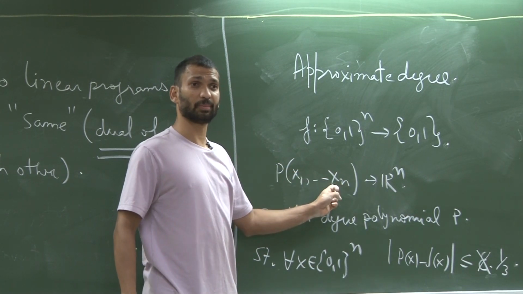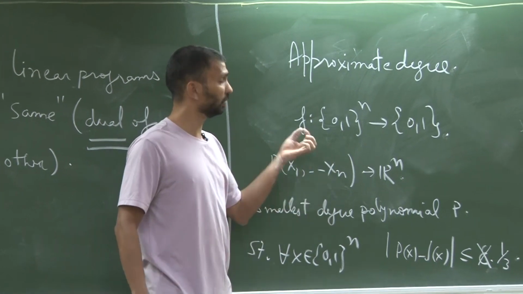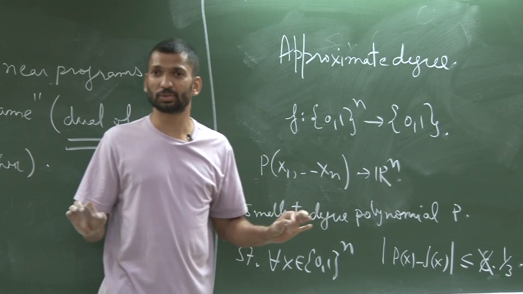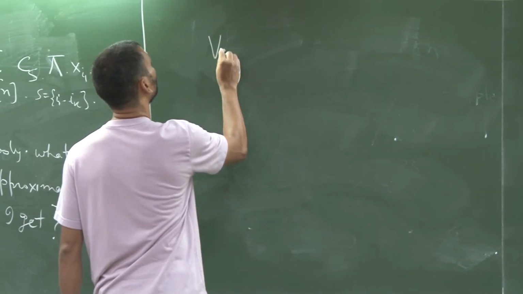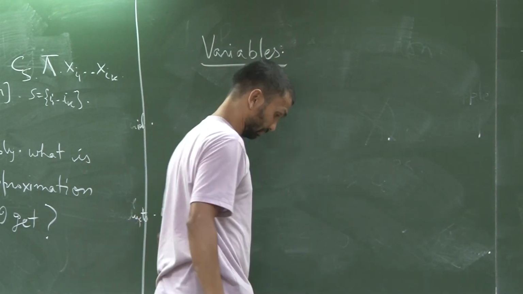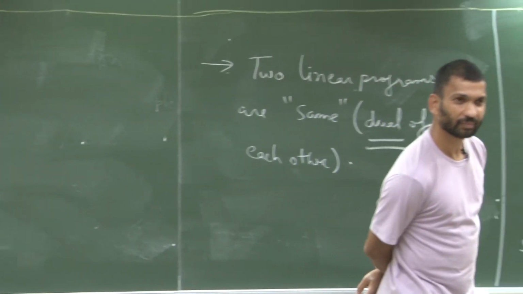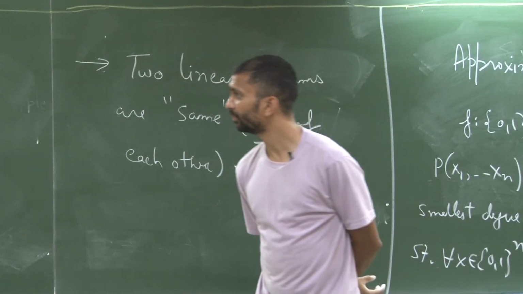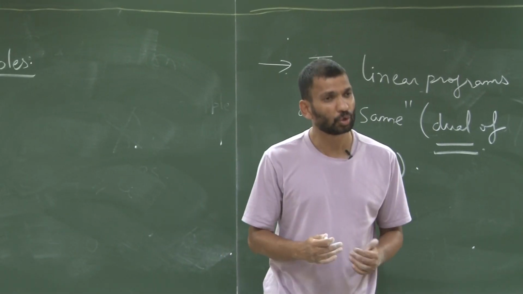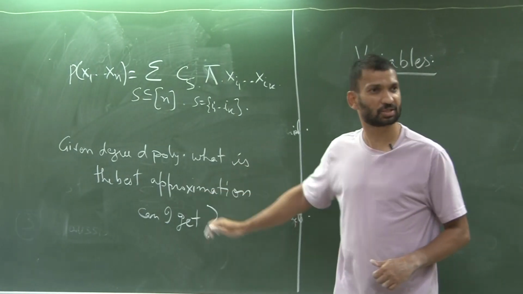That means the coefficients are coming from real numbers, right? But we only need that it works fine on these Boolean inputs. So I want to create a linear program whose answer will give me what is the best possible approximation.